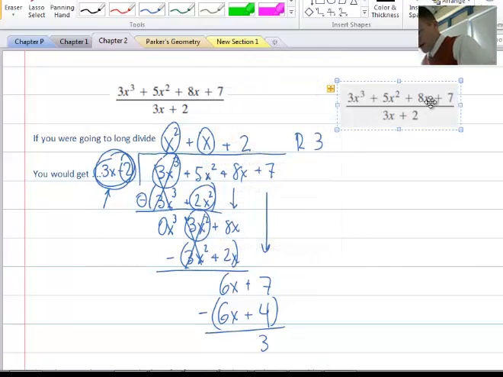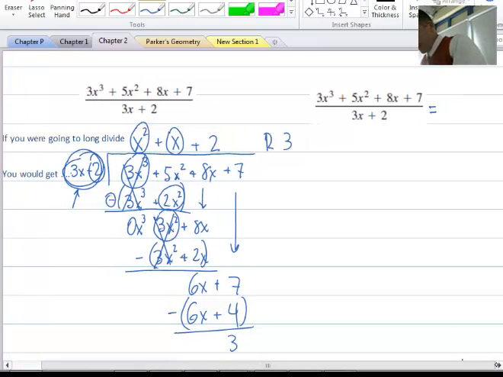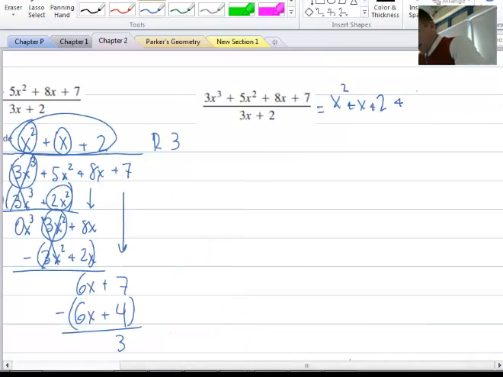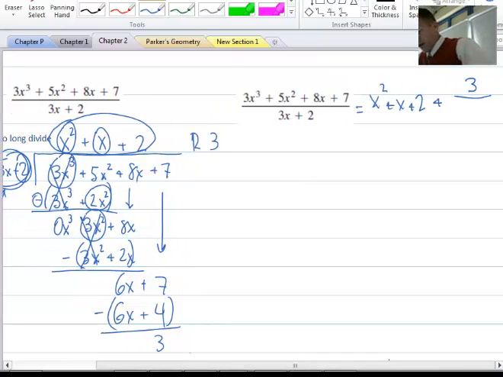So I have this expression that I can now write as equal to the quotient, which is x squared plus x plus 2, but I can't forget about the remainder, plus the remainder of 3 all over the divisor, the linear term, 3x plus 2.